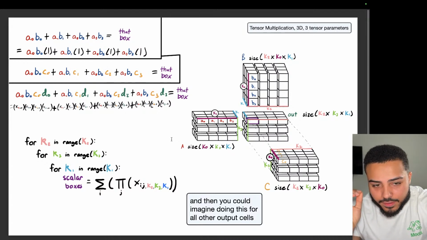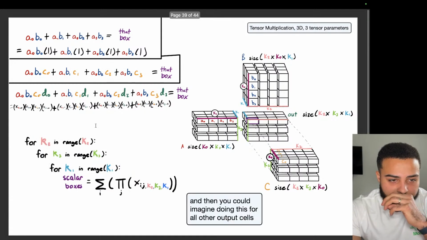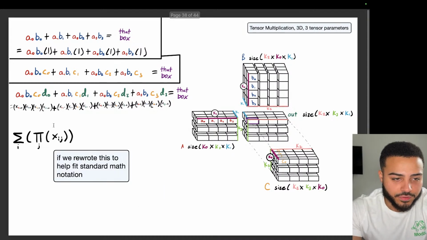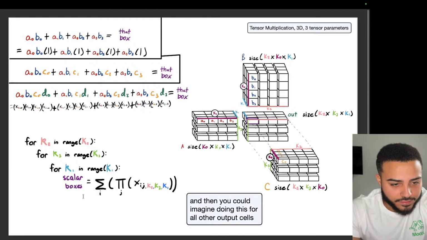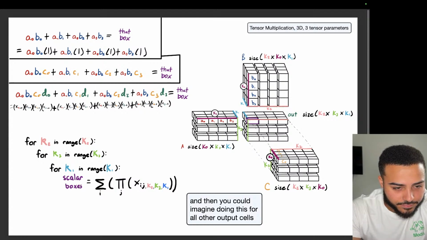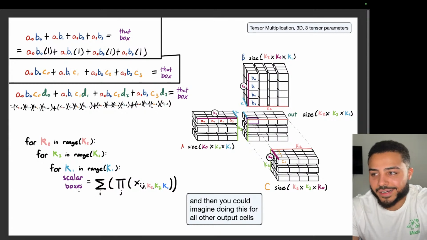So now it's pretty simple to see that for that one box we just needed this. Oh, and so this equals this. I guess I forgot to put the equal sign here for that one box. Okay, now to get all the scalar boxes, I guess this should have an index too, if you want to be formal.